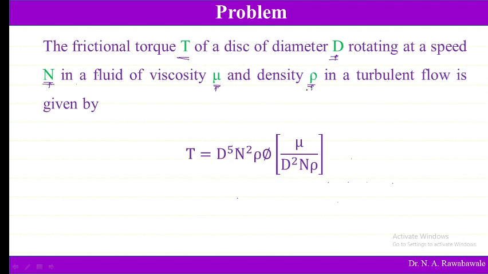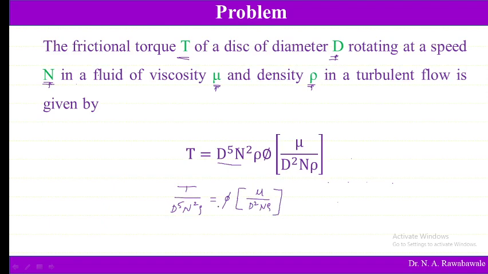Now when we want to derive this equation, one thing we can observe from this equation: if we transfer this term to the left hand side, the equation becomes T divided by d to the power of 5 n to the power of 2 rho is equal to phi of mu divided by d square n rho.